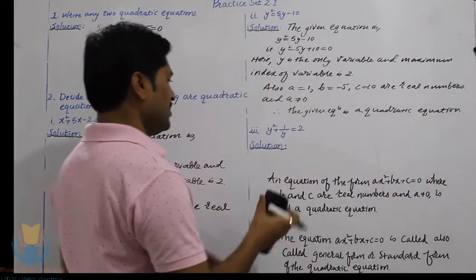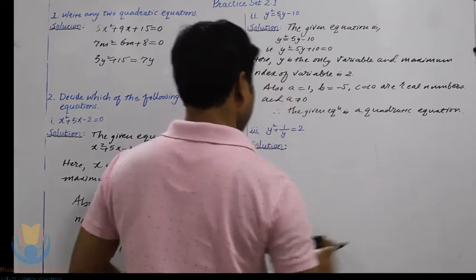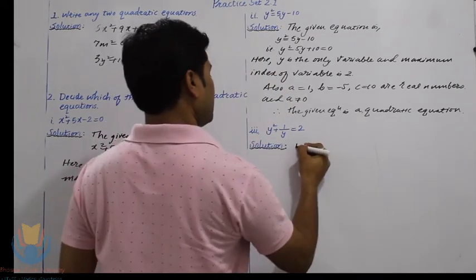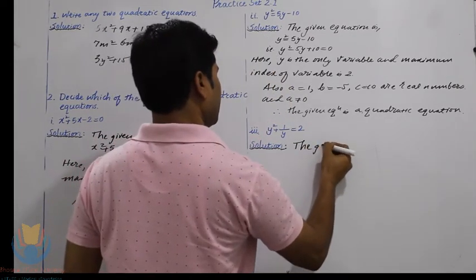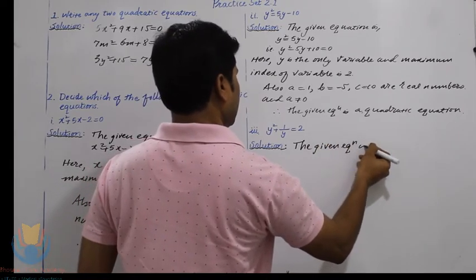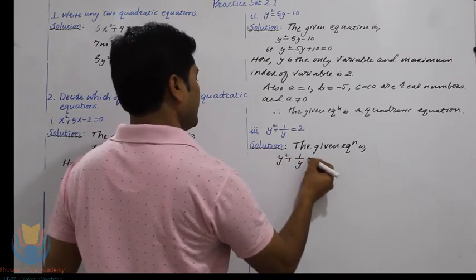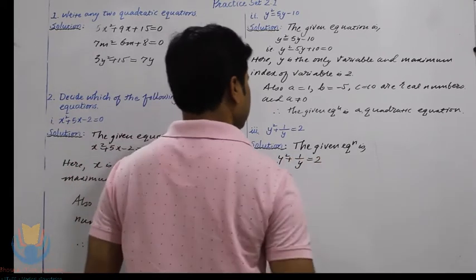So let's continue with the third one from the same. Here we will write the given equation as it is in the solution. That equation is y square plus 1 upon y is equal to 2.